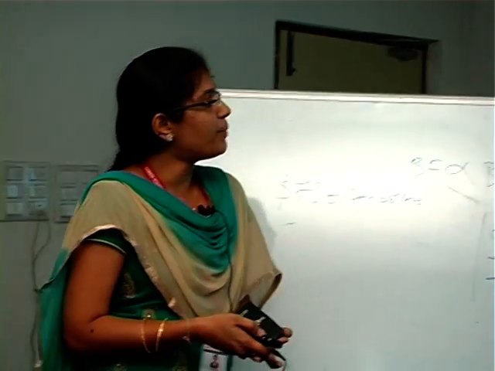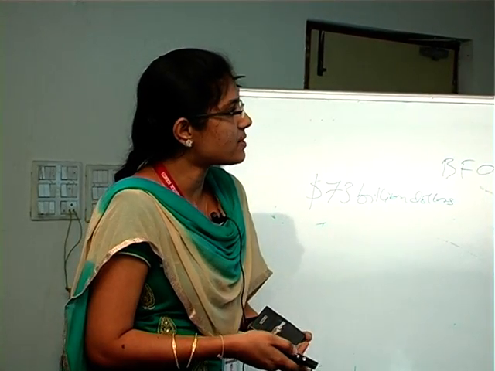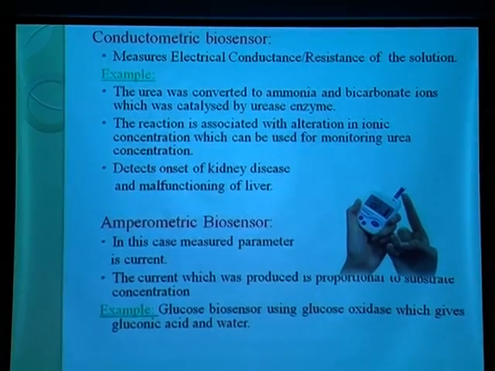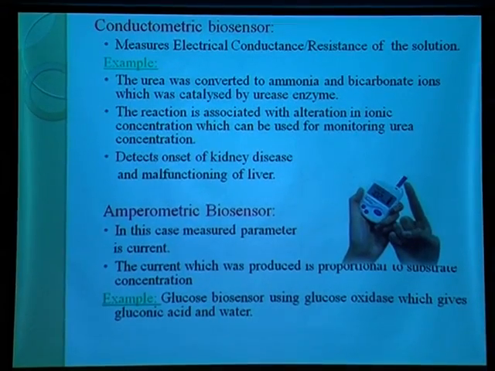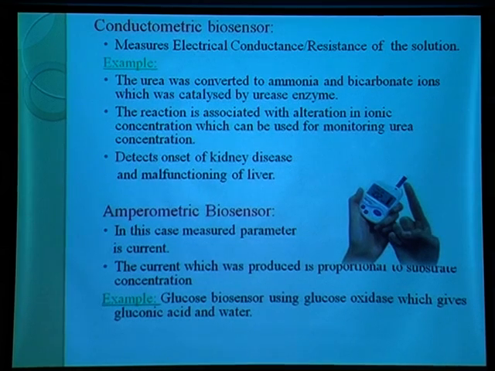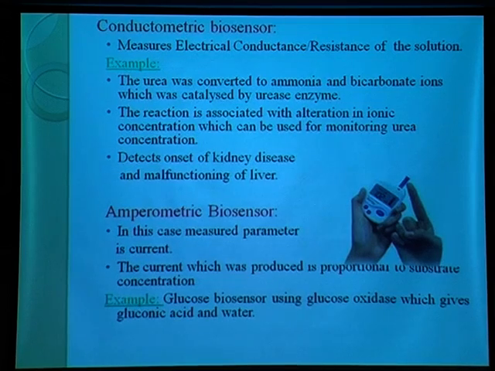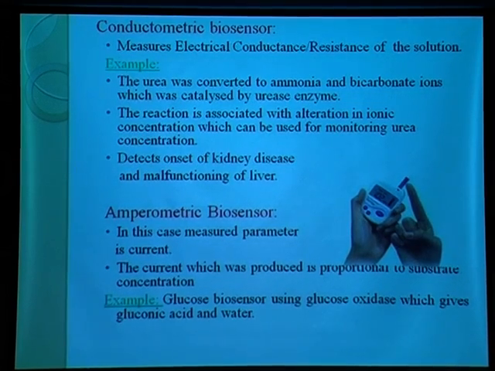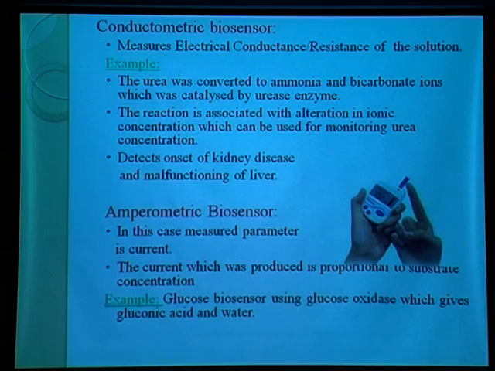Then next, coming to amperometric biosensors. Amperometric biosensors measure the flow of electrons, meaning whenever there is a reaction in which ions and electrons are released, the flow of electrons leads to the production of current. The production of current is proportional to the substrate concentration.